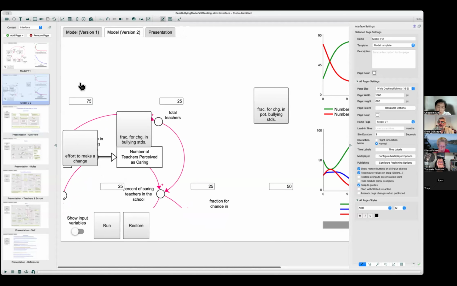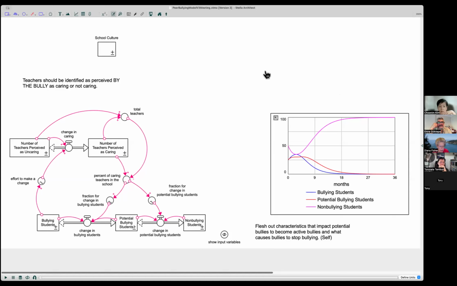Shall I send you the link for the model? What I'm going to do is go to version 2 here. This is the model. But we are not seeing the page. Oh, yes, you're not seeing the page. So I have to thank you, Emre. We had this problem before where I change the window and it doesn't show the new window. Okay. Can you see it now?